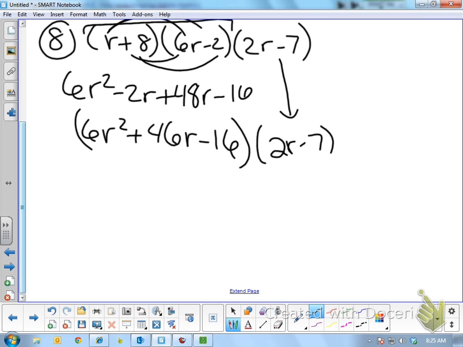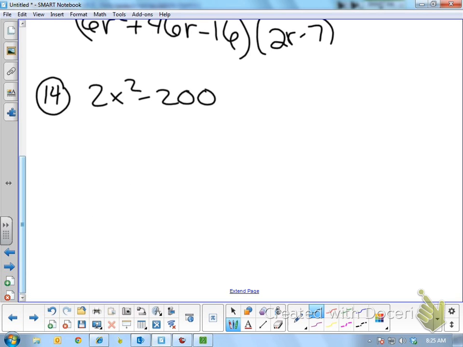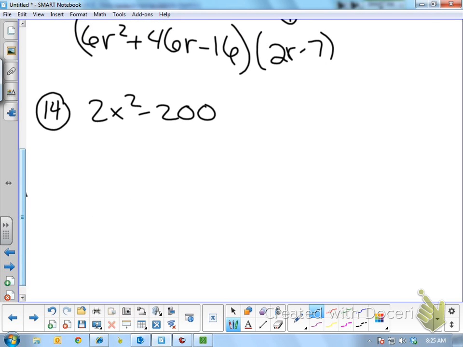So last problem I want to talk about is number 14 on the back side. So what do I always do first with any factoring problem?